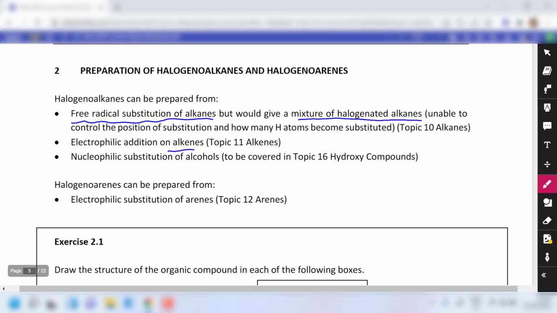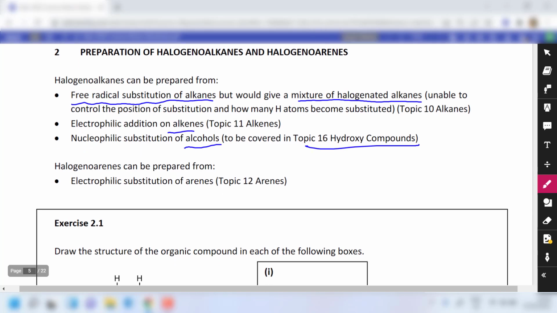You can also produce halogenoalkanes from the nucleophilic substitution of alcohols, which will be covered in the next topic. And then for halogenoarenes, it can be obtained via the electrophilic substitution of arenes, which we have covered in topic 12.